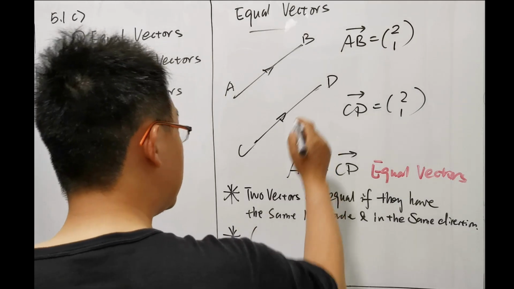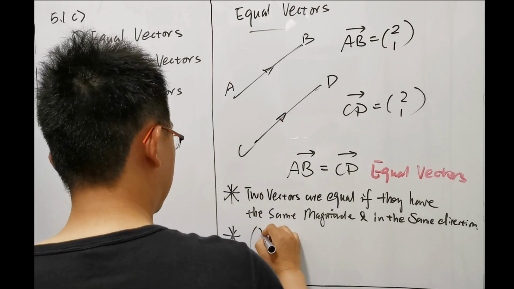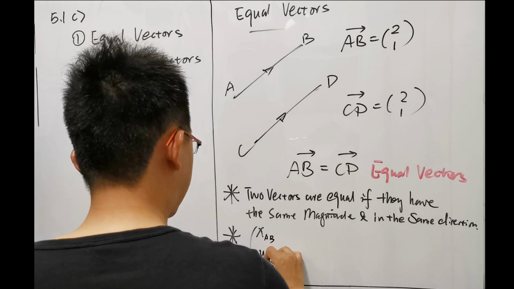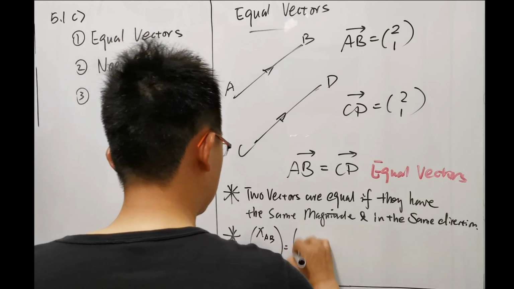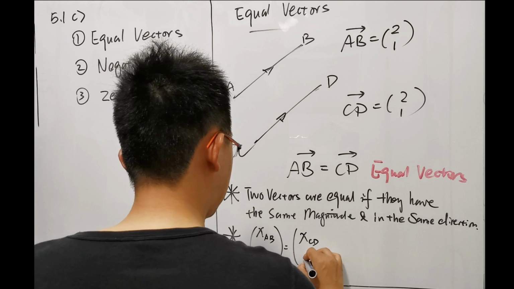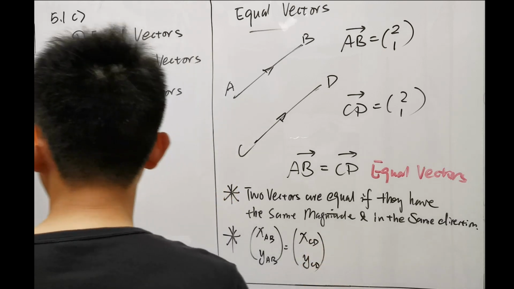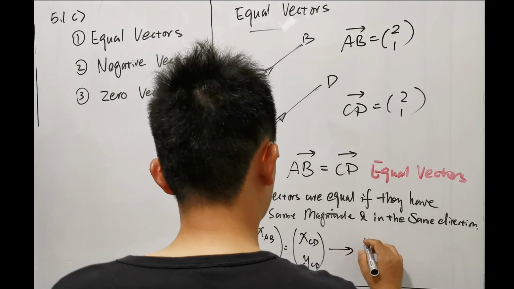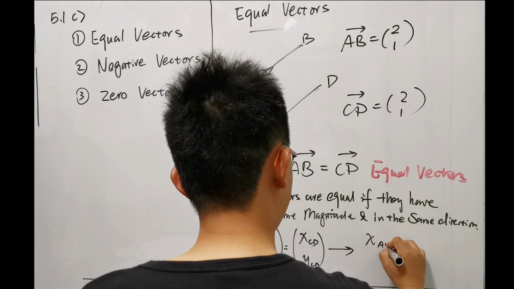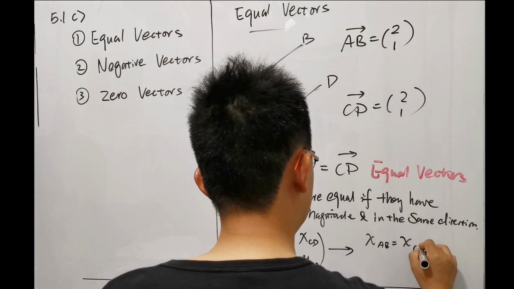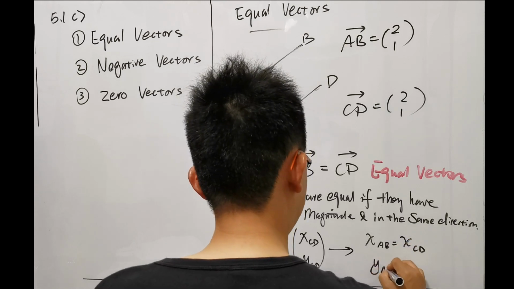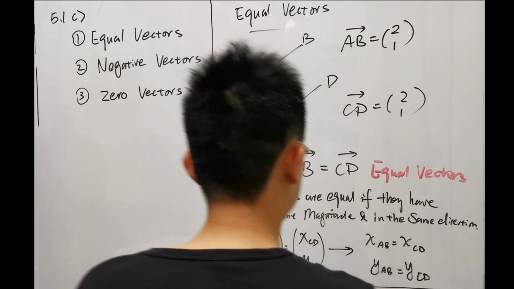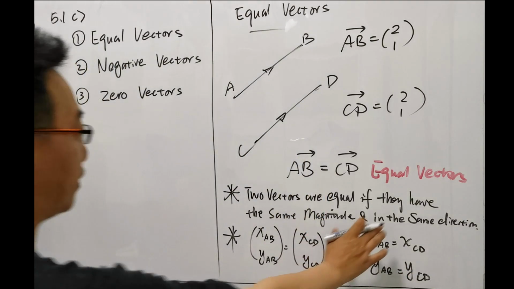Okay, the next one. If we have x_AB and y_AB equal to x_CD and y_CD, in this case, we can find out x_AB equals x_CD, and y_AB equals y_CD. Okay, so this is very clear, right?